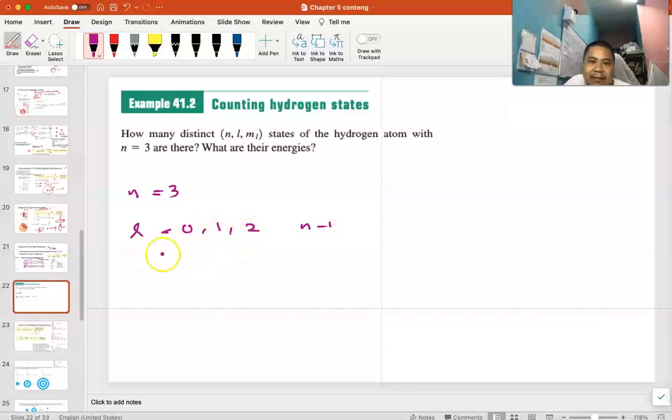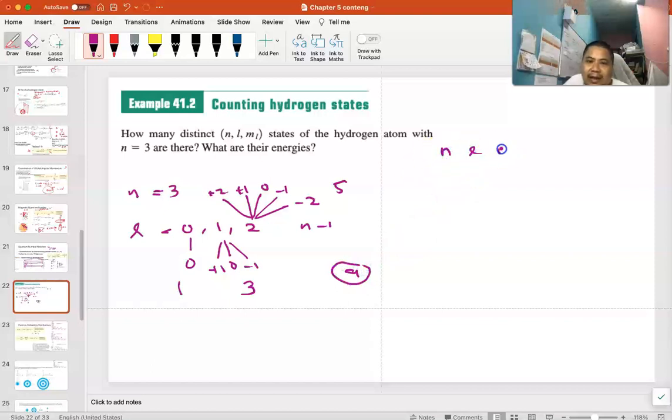Macam mana pula dengan ML? Untuk L0, dia ada 0. Untuk L1, dia ada 0, 1, negatif 1. Yang L2 pula, ada 5 states: positif 2, positif 1, 0, negatif 1, negatif 2. So ada 5, 3, 1, jadi ada 9 state.